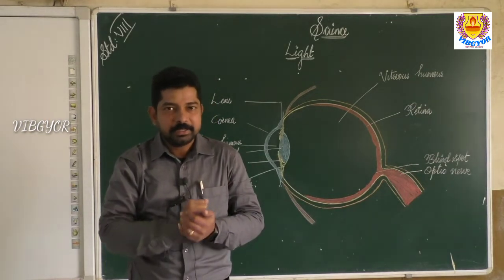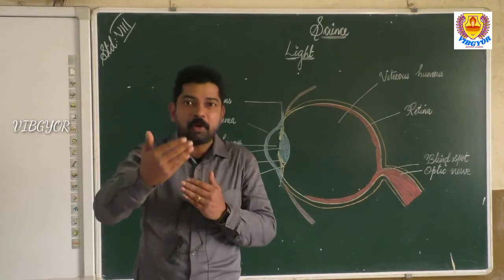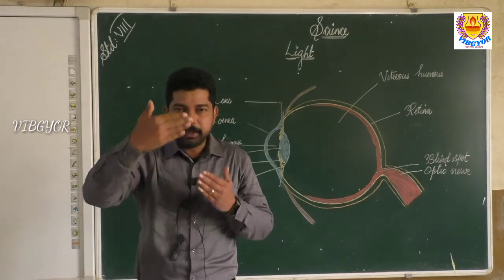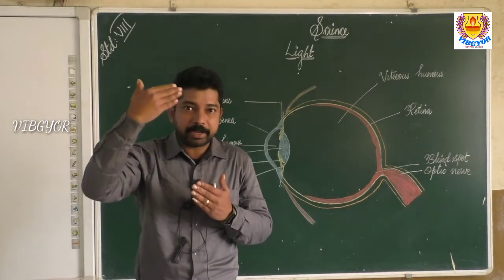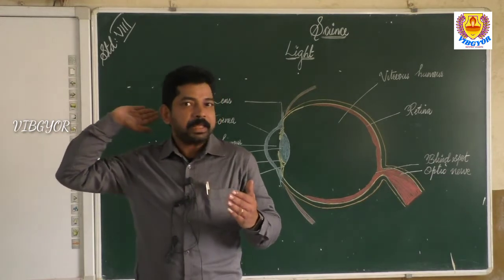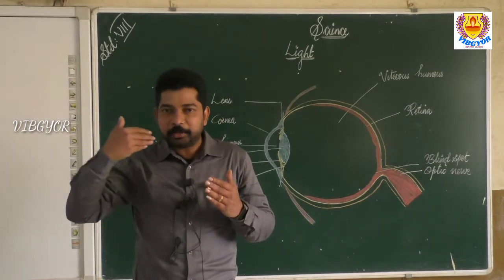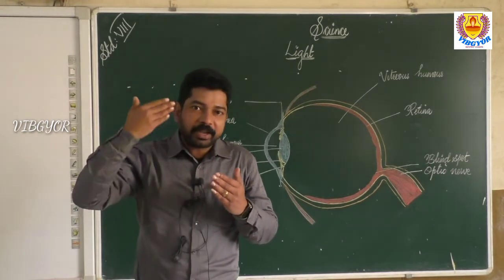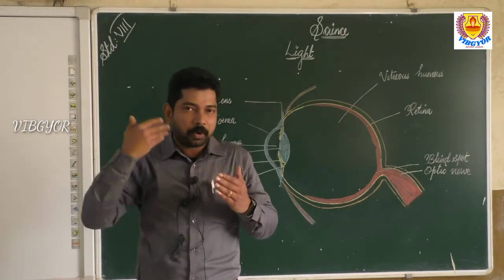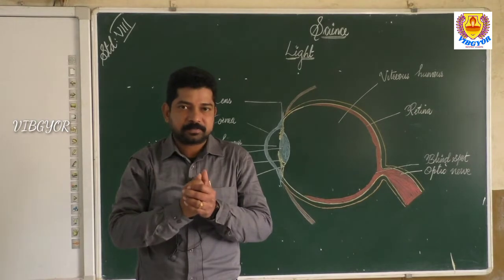Hope it is clear. When you are sitting in the middle of two mirrors, the image formed in the mirror in front of you shows your face, and in the same way there will be a mirror behind you. In that mirror you get the image of the back of your head.